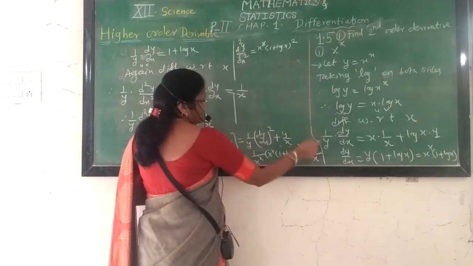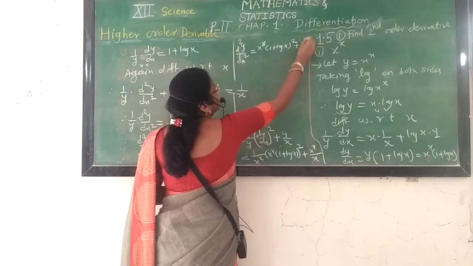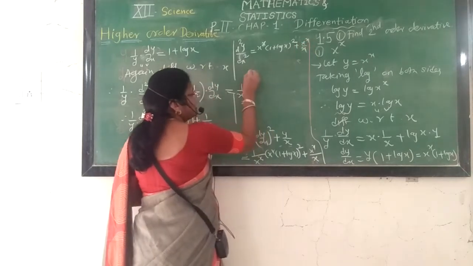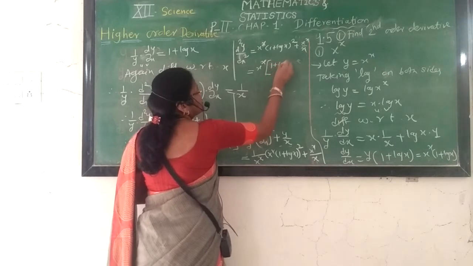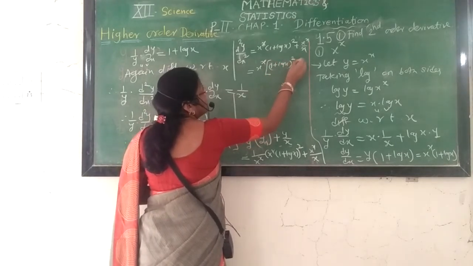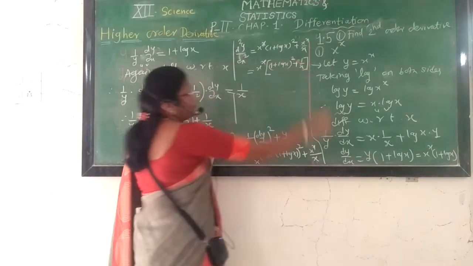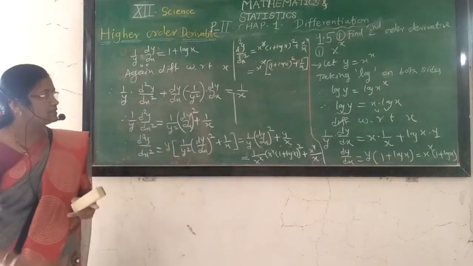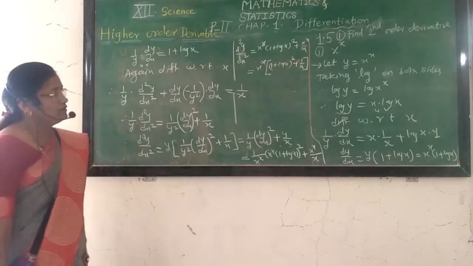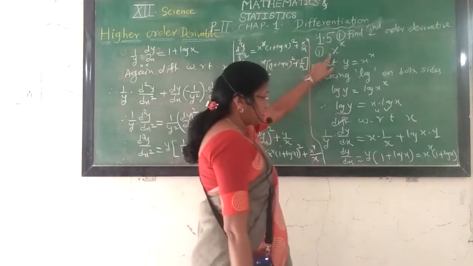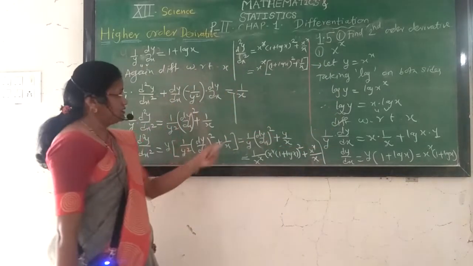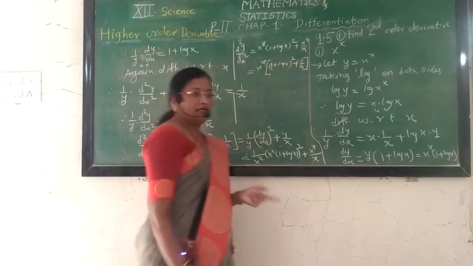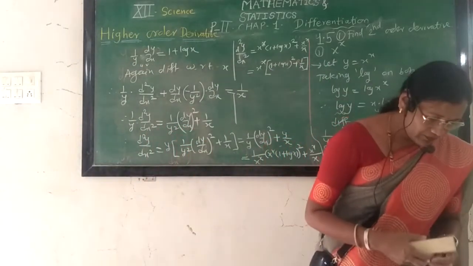And here plus x raised to x upon x means x raised to x times (1 plus log x) bracket square plus 1 upon x. This is the final answer of the derivative of x raised to x, which is the second order derivative. Up to this we found only the first order, but for second order we can do this as finding the derivative.